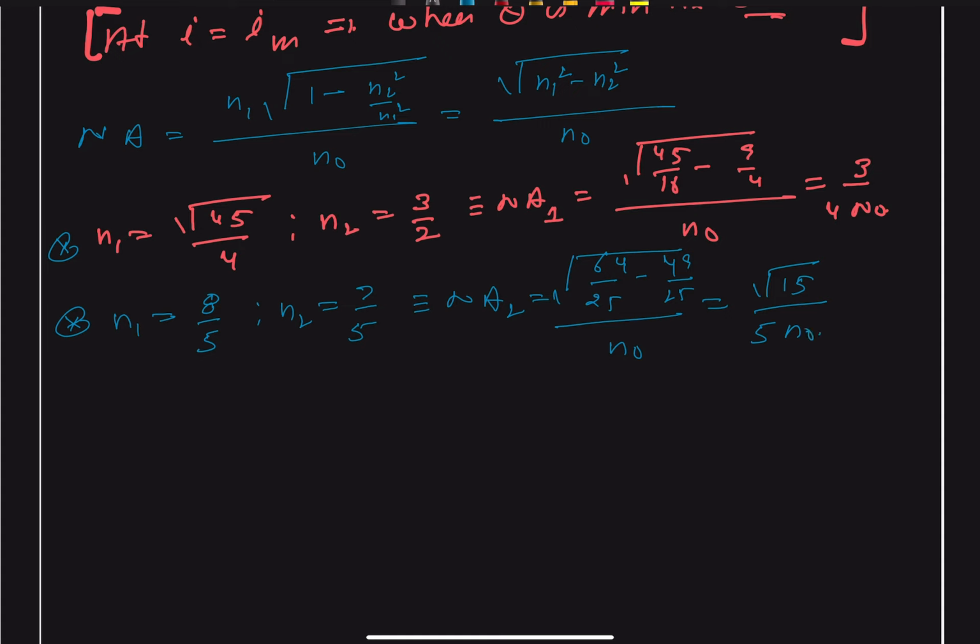Okay. Now we are going to discuss the options one by one by considering these two numerical apertures, Na1 and Na2, because the only difference between the two is the value of n0.